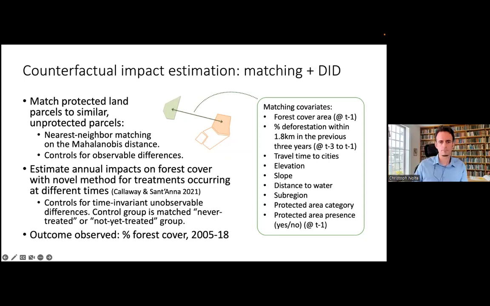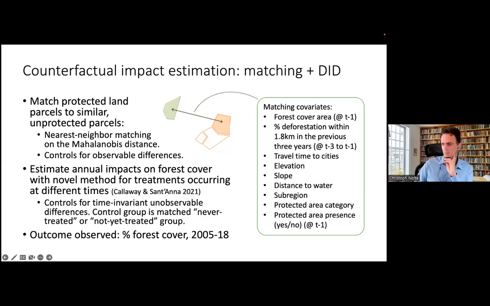So Callaway and Sant'Anna in 2021 developed a method to estimate annual impacts on any outcome with treatments that happen over multiple time periods. And this still uses the same difference in differences approach with panel regressions that controls for time invariant unobservable differences through the 2-way fixed effects.